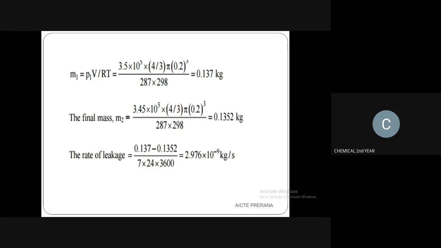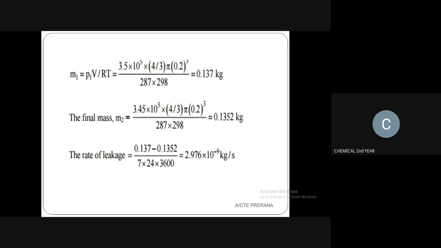In your dress there will surely be pores. Like that, synthetic rubber also has minute pores. Through those minute pores the pressure is getting released, so that is why it decreased from 3.5 to 3.45. Very little pressure is released, so we have to find out the rate of leakage.